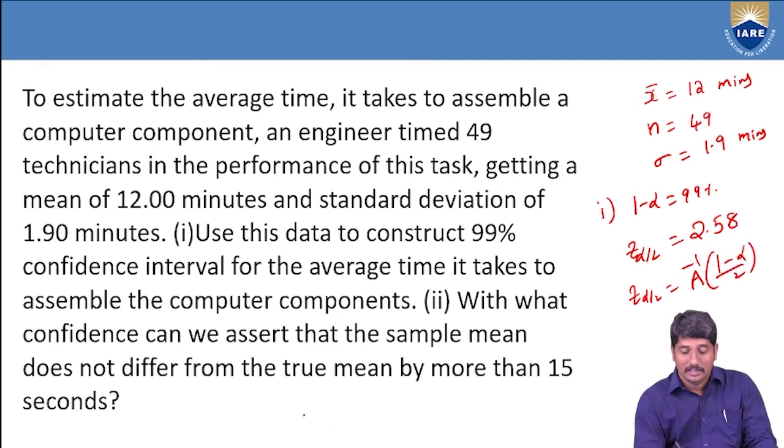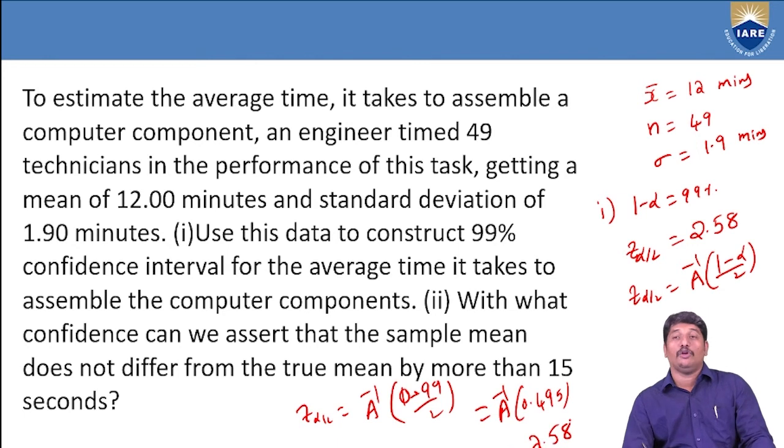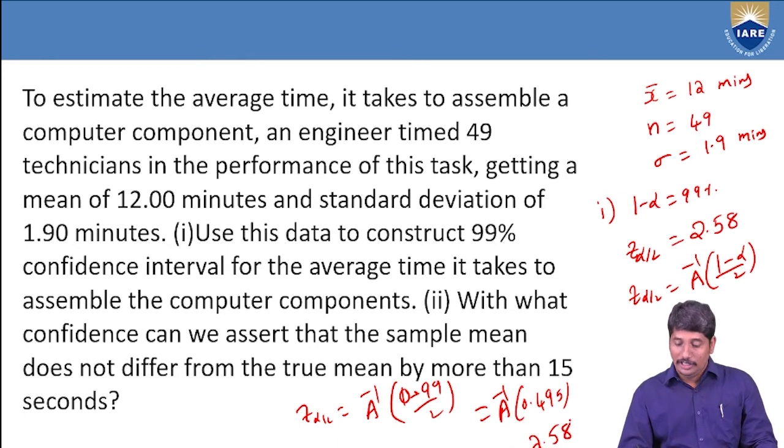That is A inverse of 1 minus 0.99 by 2. That means A inverse of 0.495. This is equal to 2.58 according to the normal tables.